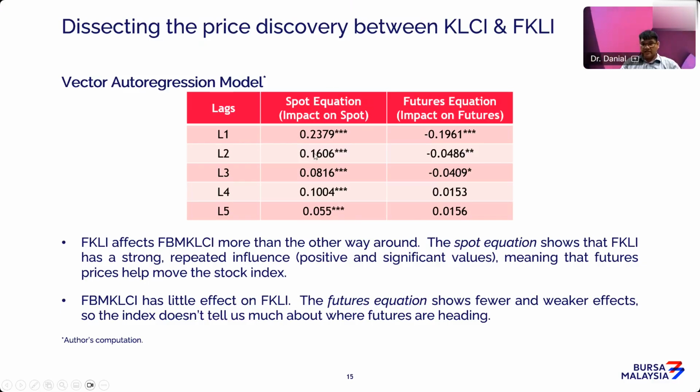The spot equation here shows that KLCI futures has a strong repeated influence, meaning that futures prices help move the stock index. Other than that, KLCI has little effect on FKLI, as the futures equation here in the third column shows fewer and weaker effects. So the index, if you are trying to trade KLCI futures, is not really helping us much.